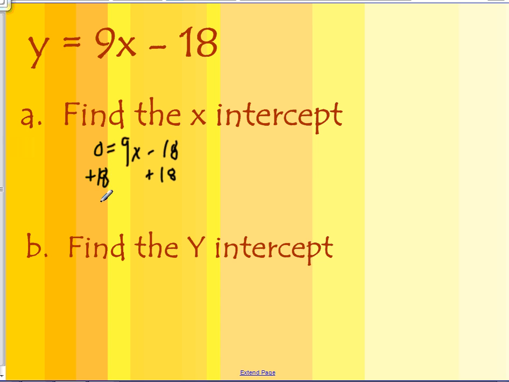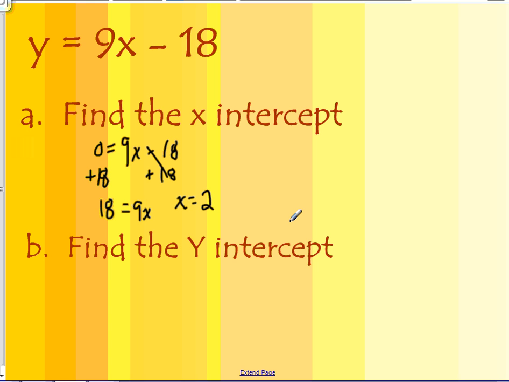And 0 plus 18 is 18 equals 9x. And x is then going to equal 18 divided by 9, which is 2.